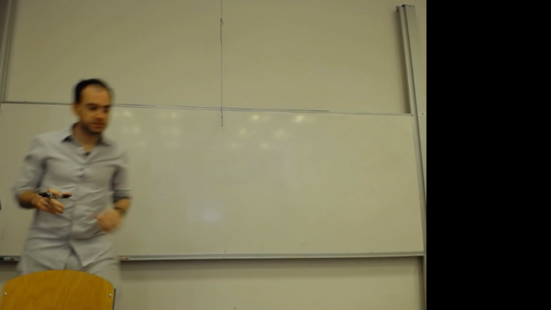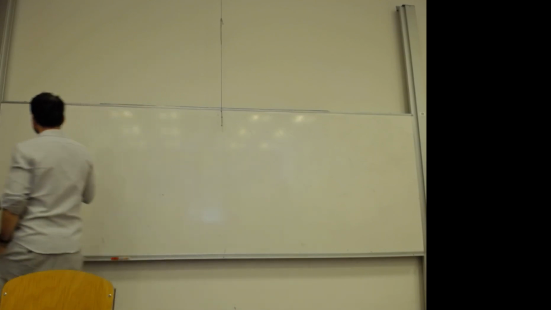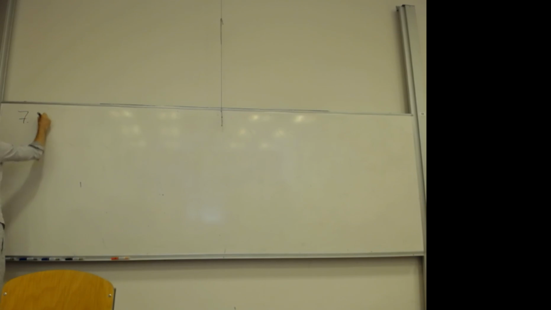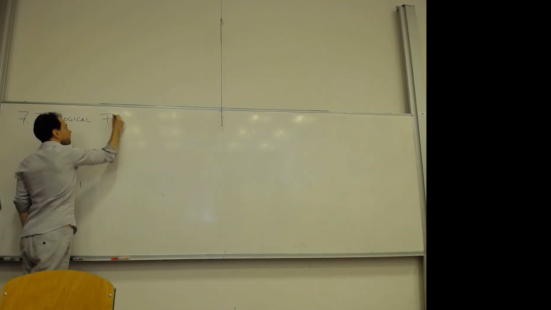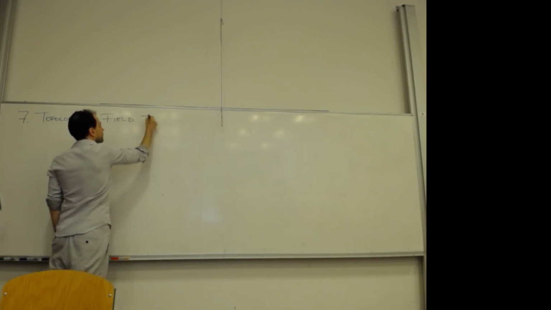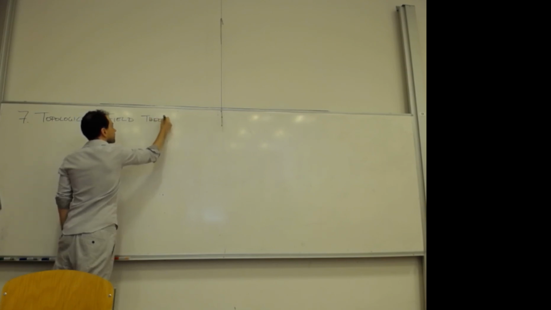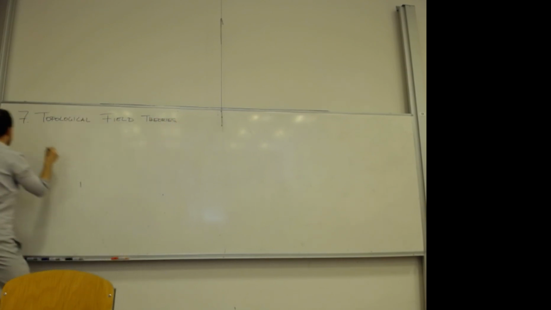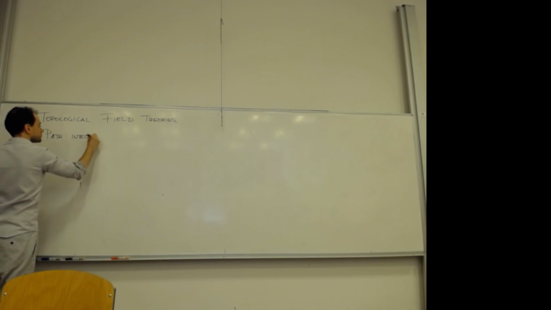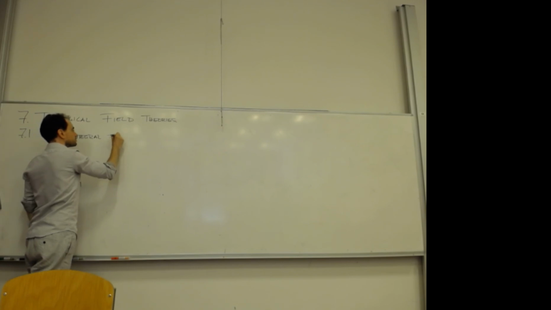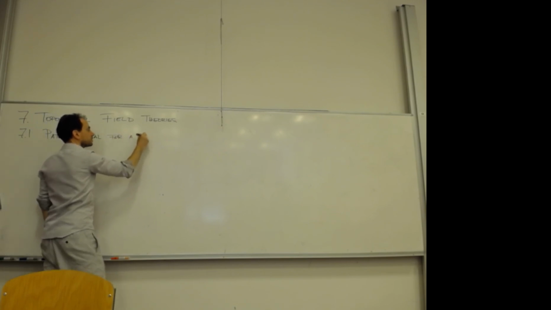Okay, so this is chapter 7, topological field theories. And 7.1 is the path integral for a spin. Maybe I should ask a different question.